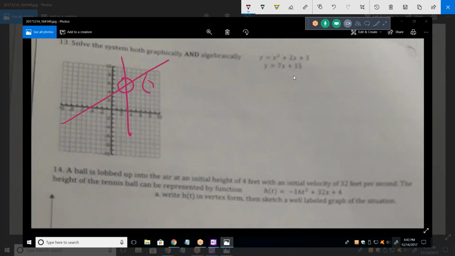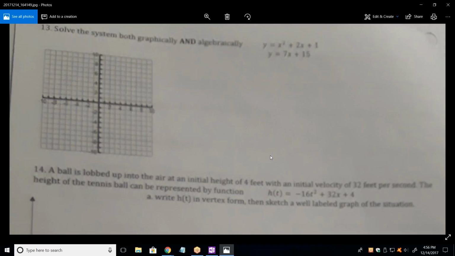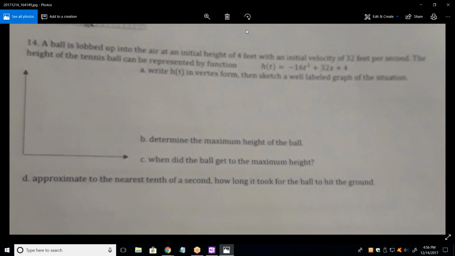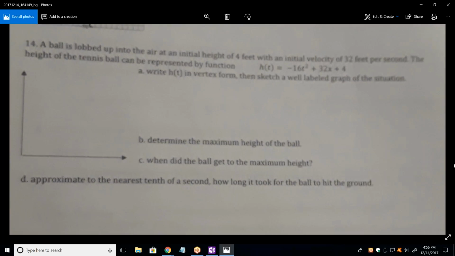But there's an x and a y value on that one solution. So if it crosses in two places, you're going to have two x, y value solutions. Okay. All right. These look a lot harder than they are.